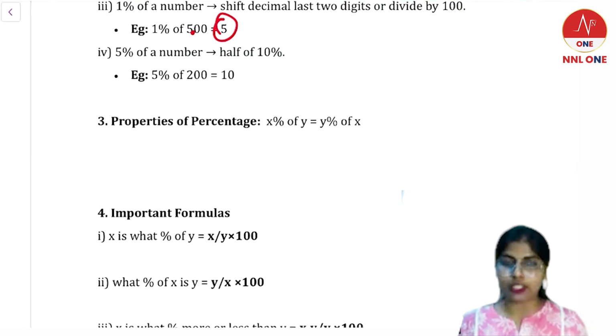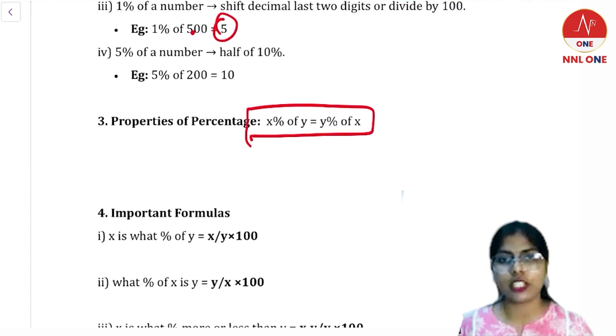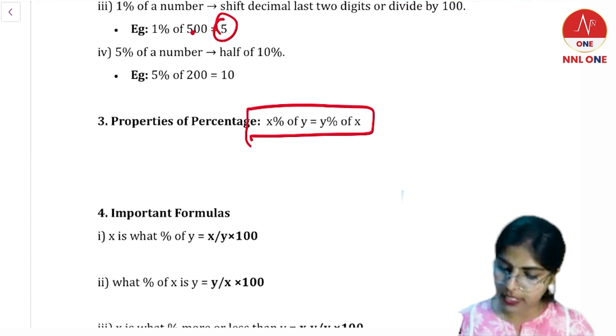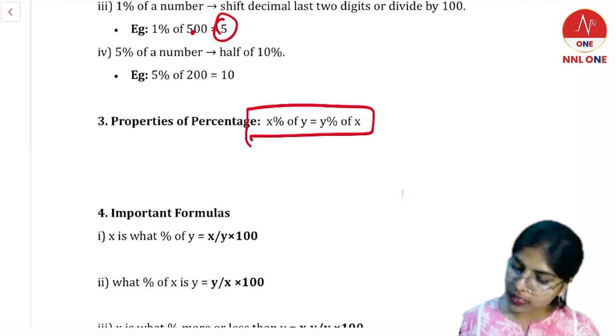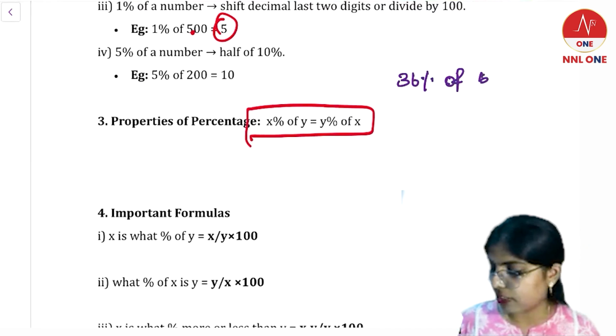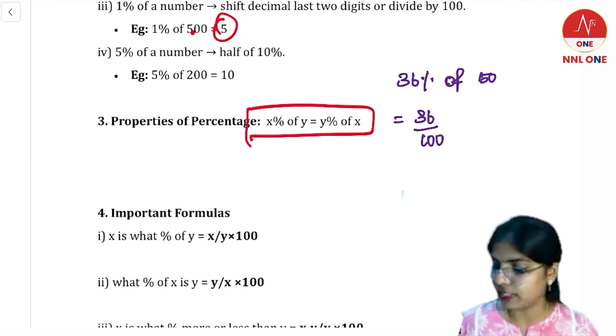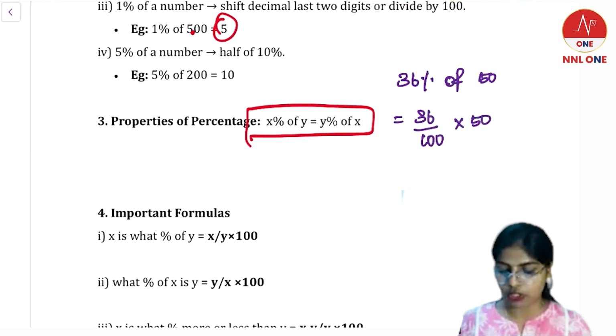Another important thing in the percentage topic is the properties. So always remember this property. X% of Y is equal to Y% of X. Take it as an example. If your question asks, what is 36% of 50? How will you solve it? You will be solving it by 36 by 100 into 50, and solving it like this.